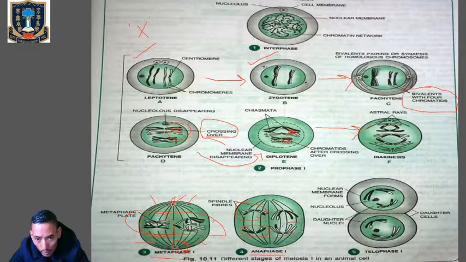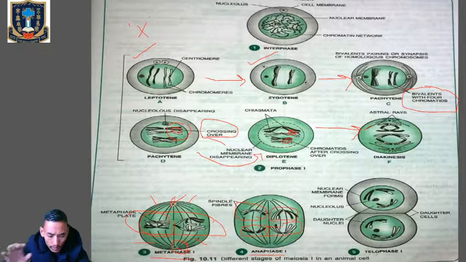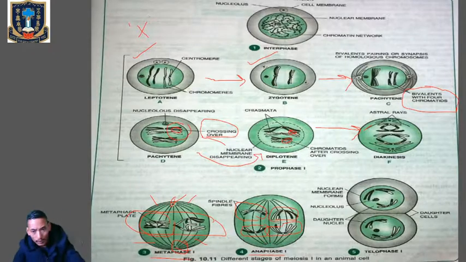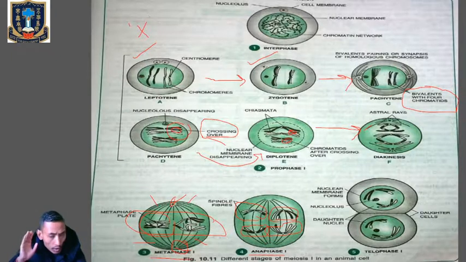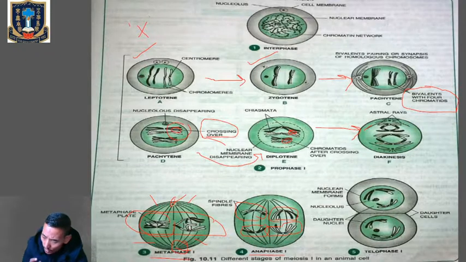The homologous chromosomes have started separating and moving towards the opposite poles during anaphase 1. But the sister chromatids remain associated at their centromere. Only the homologous chromosomes separate during anaphase 1, while the sister chromatids remain associated at their centromere.